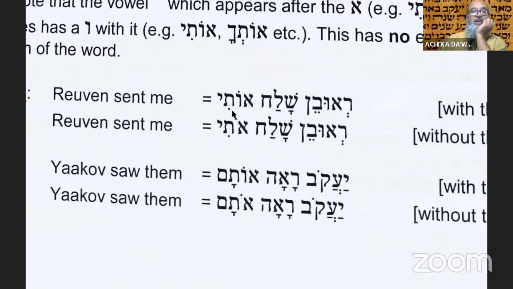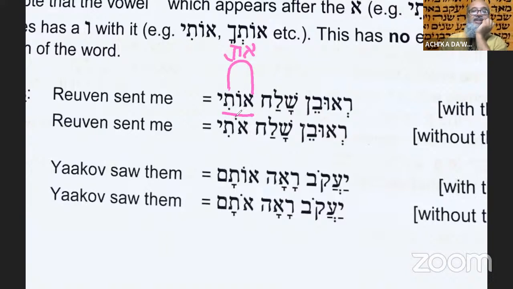And he's telling you right here, even though they have this vav in between the tav and the aleph, if it was this, then it would be the same thing. All they did was put the full spelling. That would kind of trip you up a little bit because you'd be like, how am I supposed to know what this is? Well, this is the direct object marker right here, the aleph and the tav. And what they've done is they just took this vav and put it in between it.